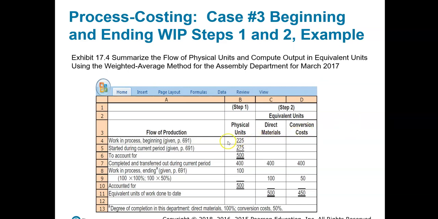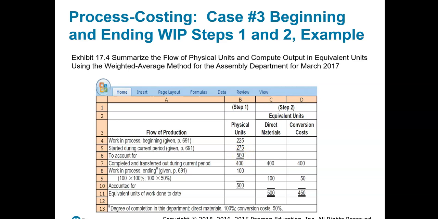And this is the work we started this period in March. We started 275 units. Remember that work in process beginning plus the units started during the current period gives us our amount to account for. So I have to account for 500 units.